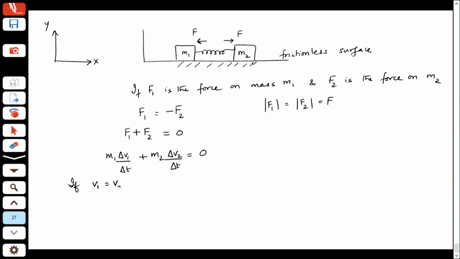If V1 equal to V2 equal to 0 at t equal to 0, I start from rest, then I can write it in terms of displacement. I can write it as m1 delta r1, whatever the change, plus m2 delta r2 equal to 0.